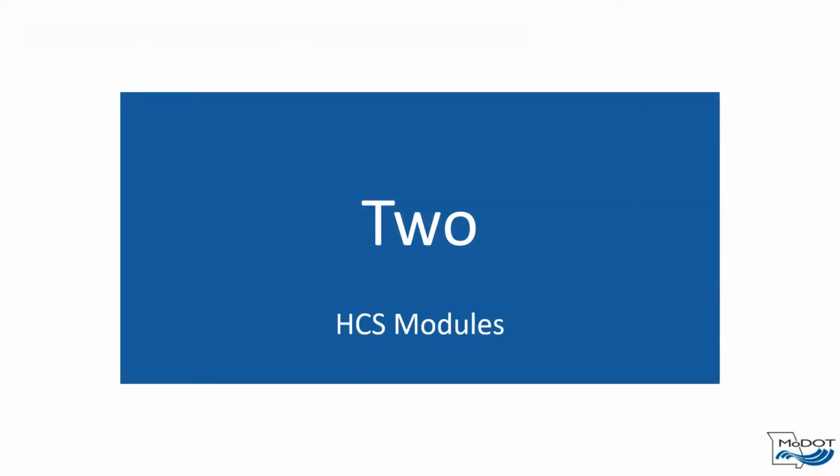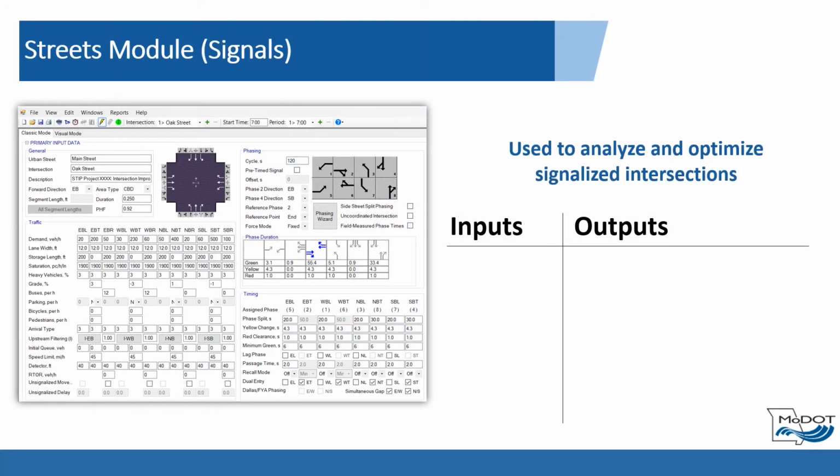As mentioned earlier, HCS consists of a series of modules: streets, roundabouts, highways, freeways, and multiple reliability analysis modules. The streets module within HCS can analyze signalized intersections.